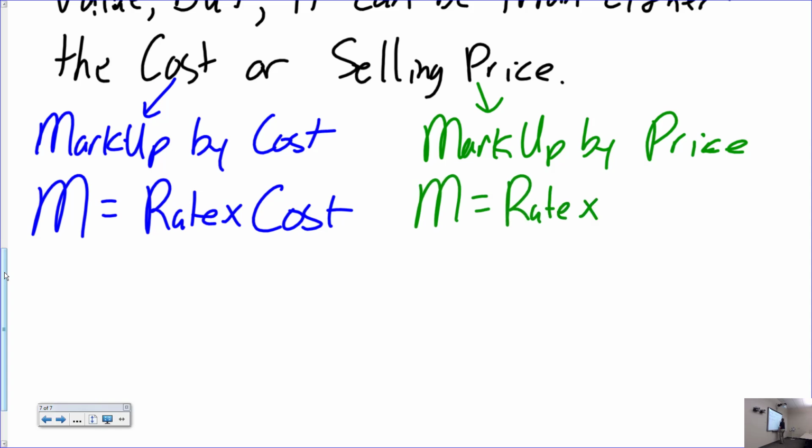Rate times selling price. And what we are going to do next time is learn how those two different rules screw up all of this nice, easy math that we were hoping was going to be really straightforward. But hopefully I can show you that it's not that bad, but it does take a little bit of work on your part. All right?